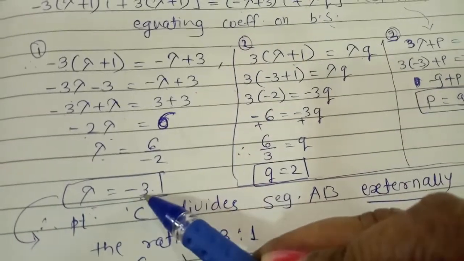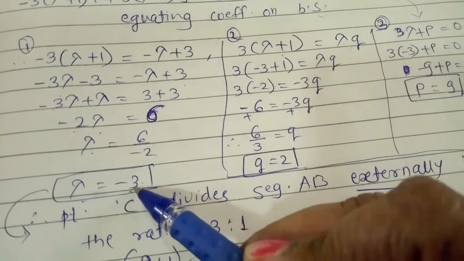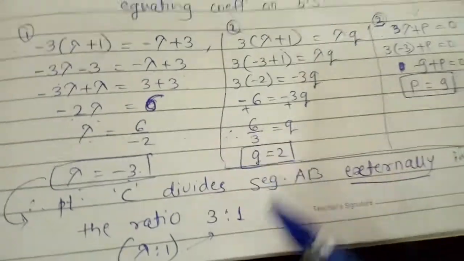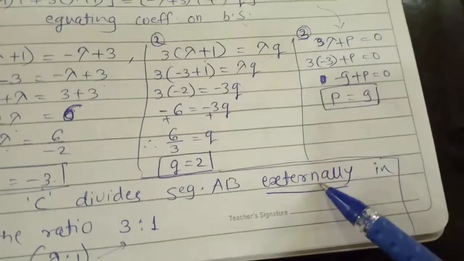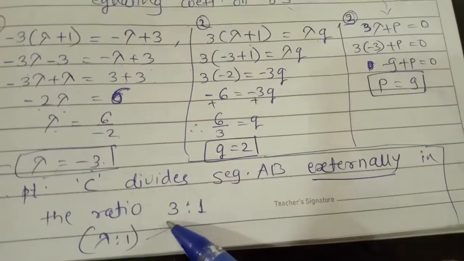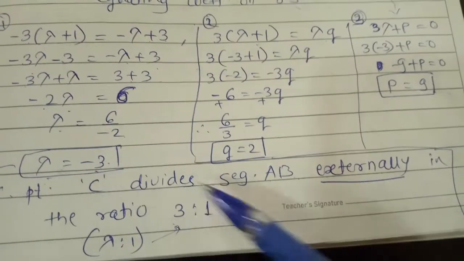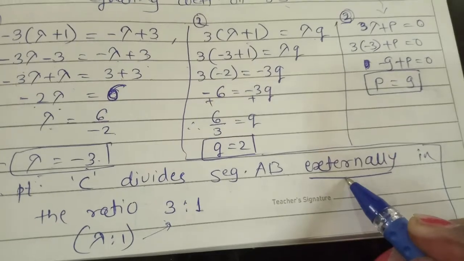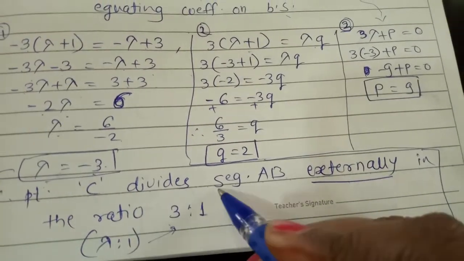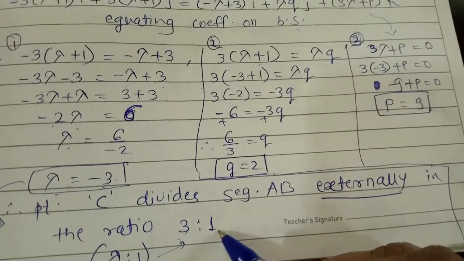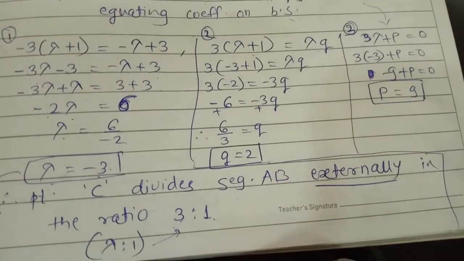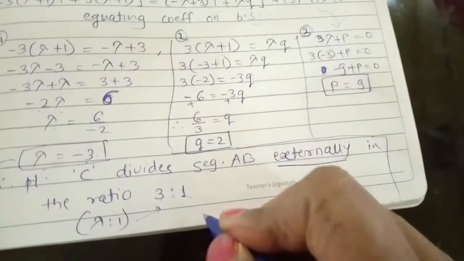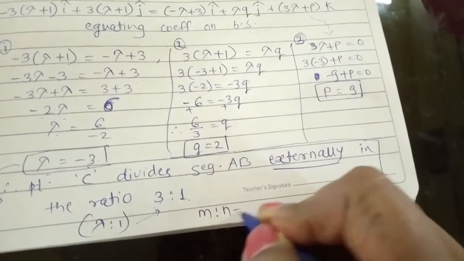So this minus sign indicates that point C divides the segment externally, and so we have to write down that point C divides the segment AB externally in the ratio 3:1. Then don't write minus, because the meaning of minus is that it divides externally. Just write down that it divides in the ratio 3:1. So this is the answer of m is to n, that is, m is to n is nothing but 3:1.